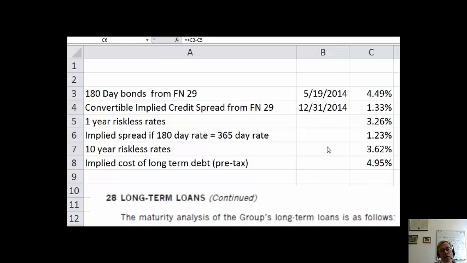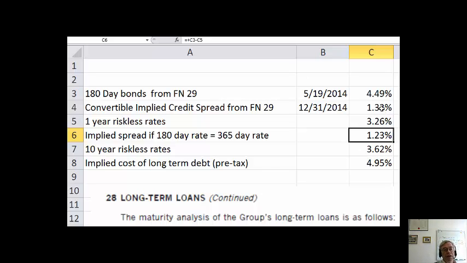If the yield curve were flat between the 180-day rate and the 365-day rate, then that would give us an implied spread of 1.23%. We know that, in fact, the 180-day rate is probably lower than the 365-day rate, so that implied spread is probably understated.